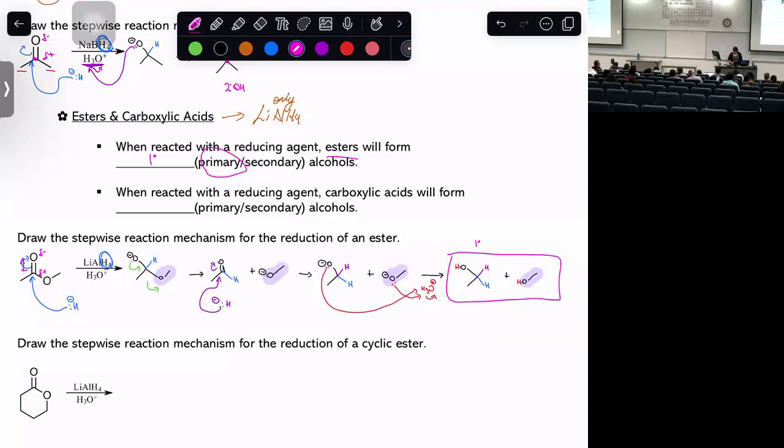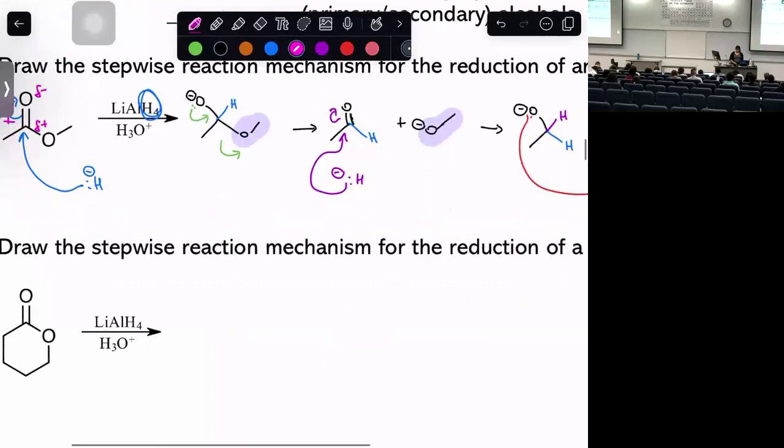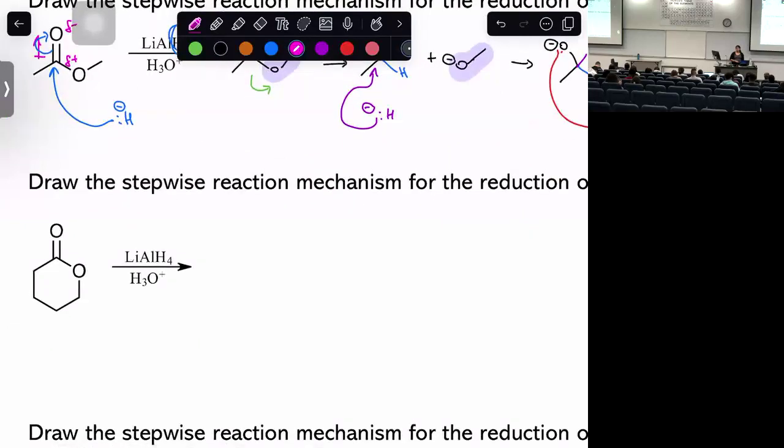Okay. Now, let's complicate it a little bit more. This time, we're still going to start with an ester, but we have a cyclic ester. So for this one, I'm going to give you guys 3 minutes to try and figure out the full mechanism along with the product. You guys can take a look at your notes from lecture, talk with each other, but give me the exact full mechanism, and then I'm going to ask for a volunteer.